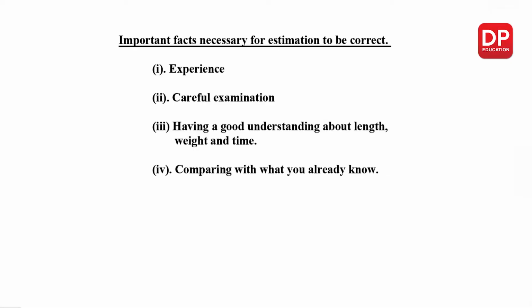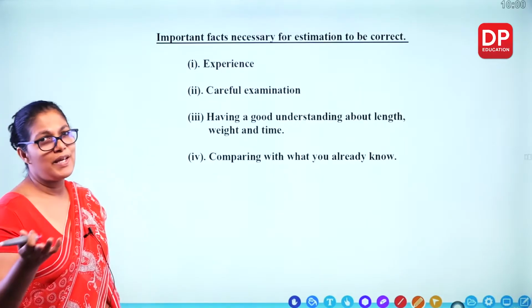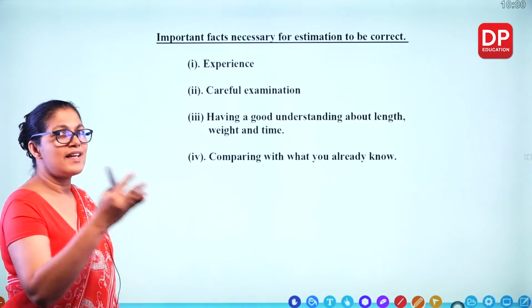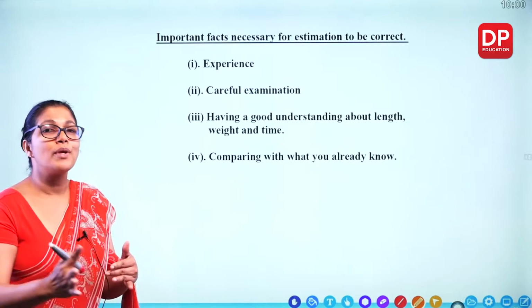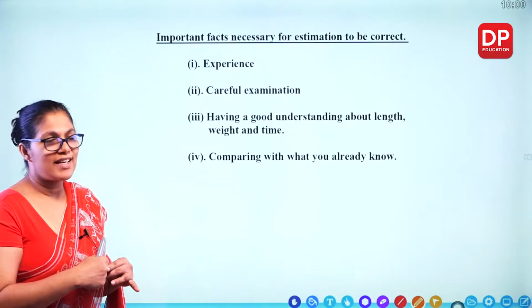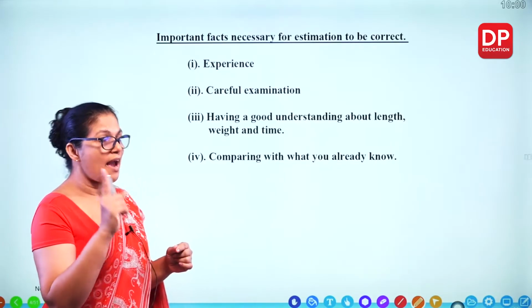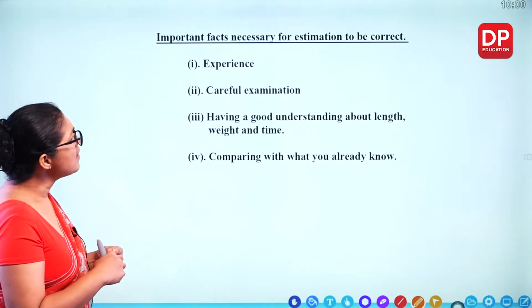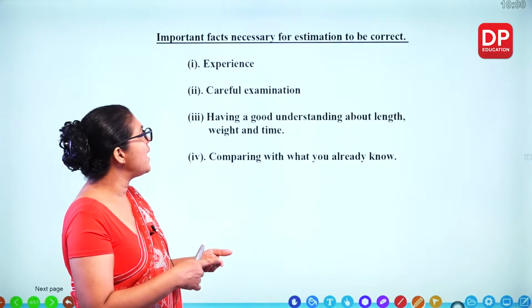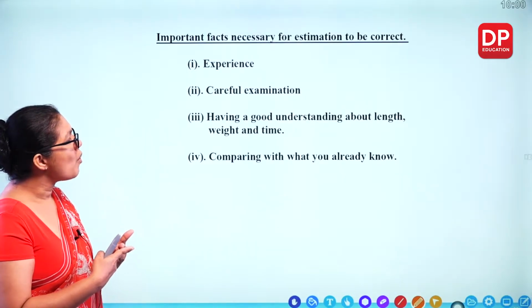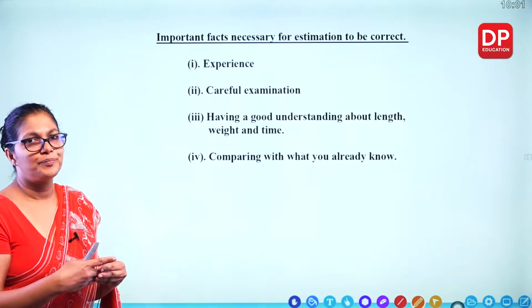So what are the important facts necessary for estimation to be correct? Experience. With experience, you know whether the space is enough or not and whether you can overtake vehicles. Careful examination. So you have to be careful. Having a good understanding about length, weight and time. And comparing with what you already know.